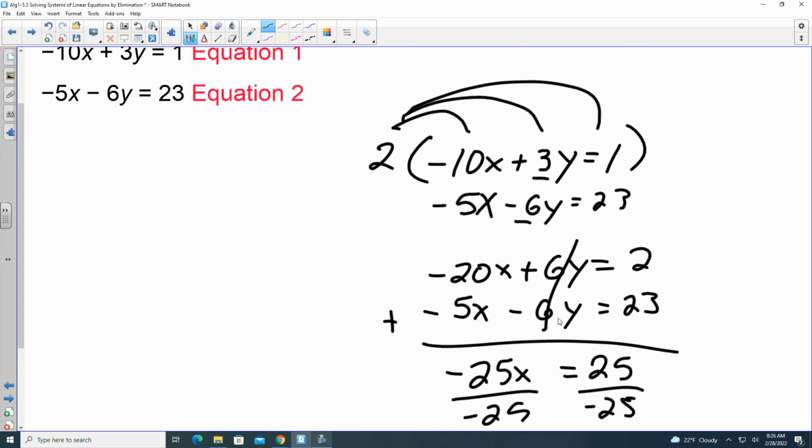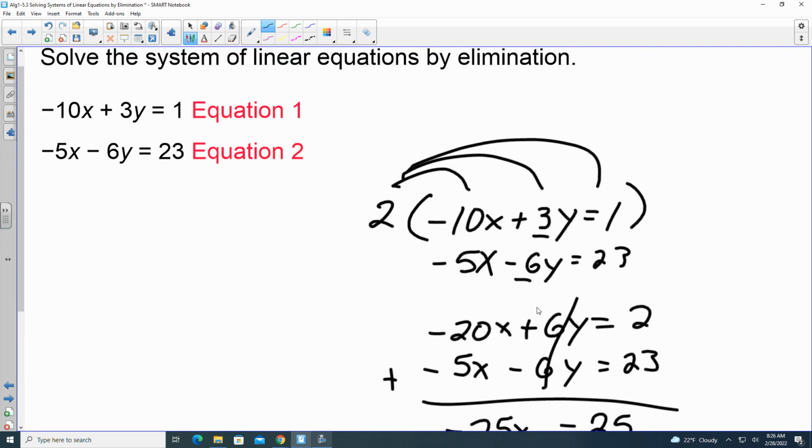Now that I have that, I have to choose one of the two equations in order to solve for y. I'm just going to choose this one because y is positive 3. Nothing wrong with that. If you choose equation 2, you'll still get the same answer. From here, I got negative 10 times negative 1 plus 3y is equal to 1.